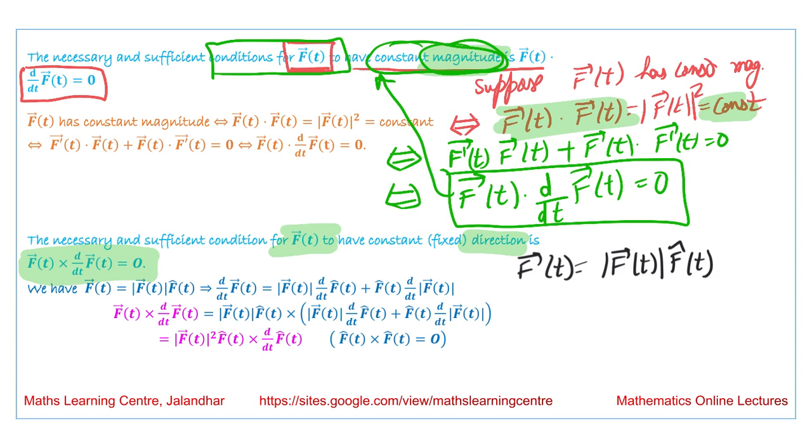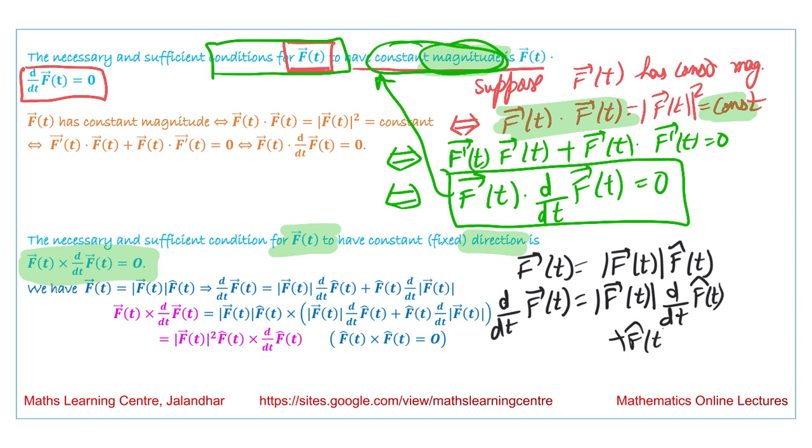Now if we differentiate this equation on both sides, we obtain d by dt of f vector t equal to mod of f vector t times d by dt of f unit vector t plus f unit vector t times d by dt of mod of f vector t, because this is a scalar function. So we are not concerned about the commutative property here.